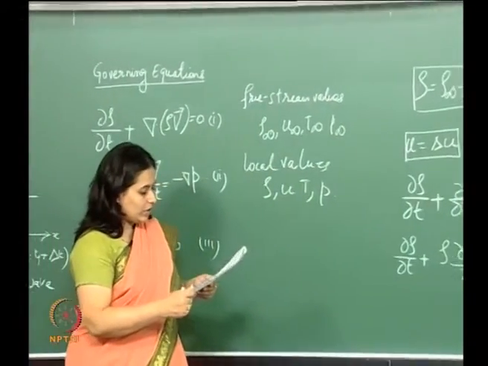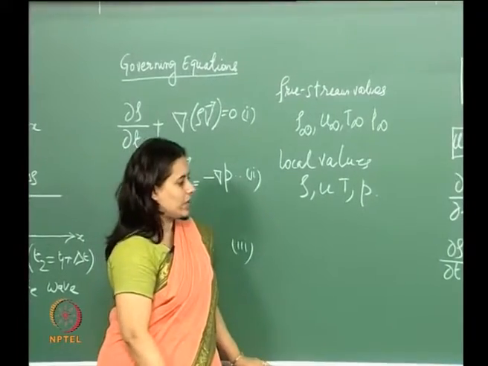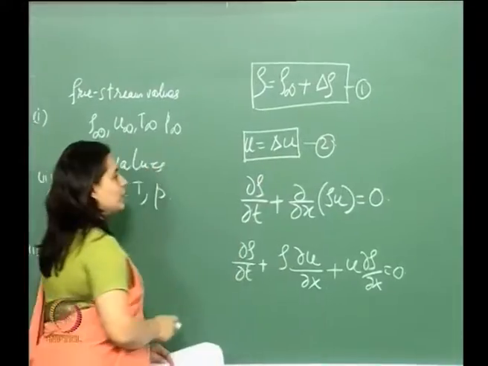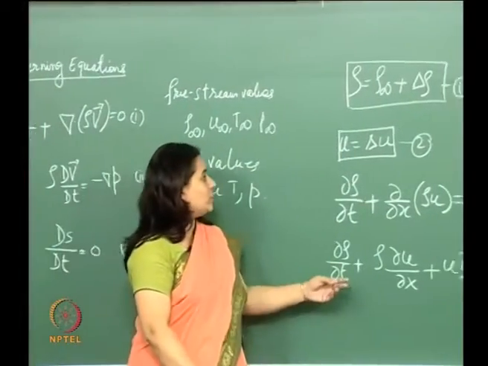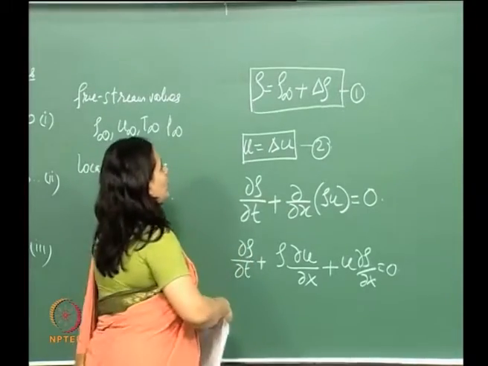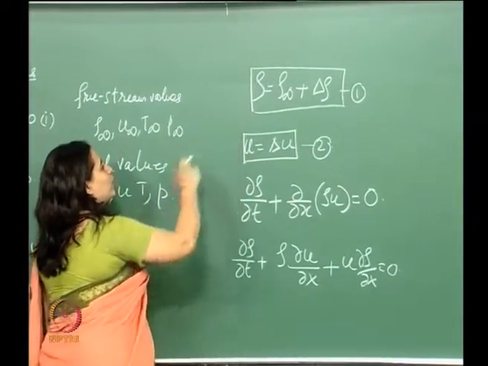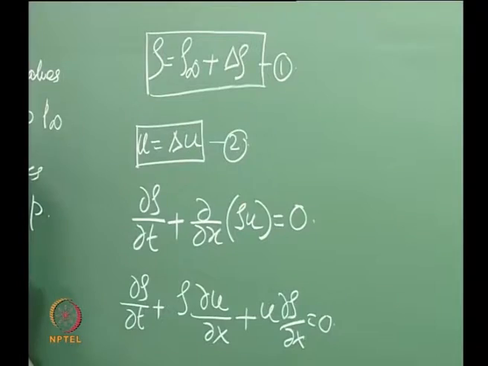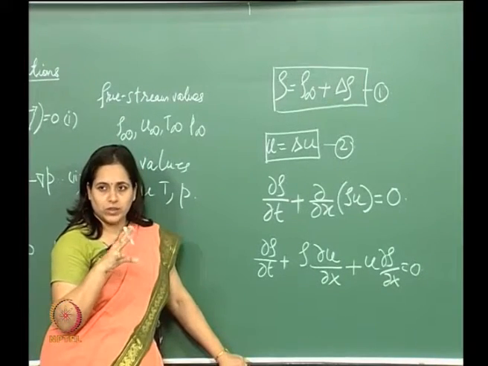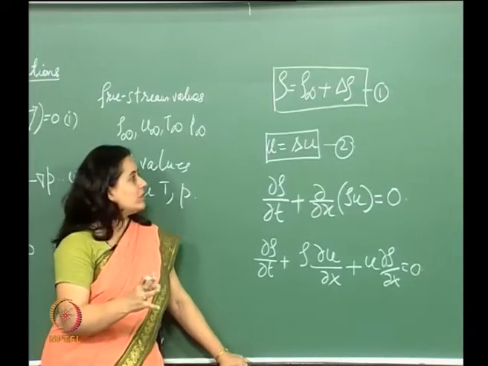Okay. So, now what we will do here is use these two expressions which we got in 1 and 2 in this, meaning that this density I can replace by what is given in relationship 1, the rho infinity as the ambient density plus the disturbance or perturbation, right.